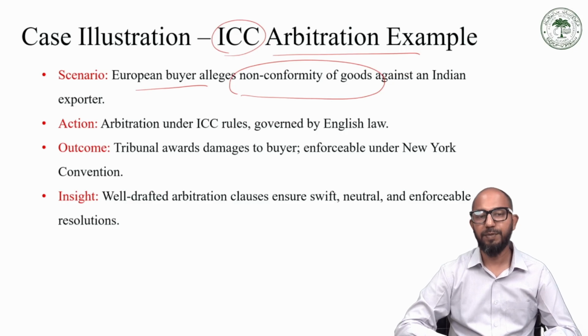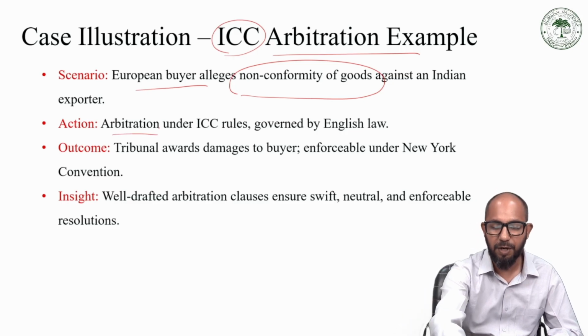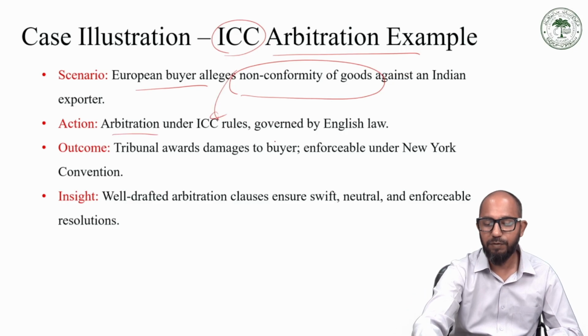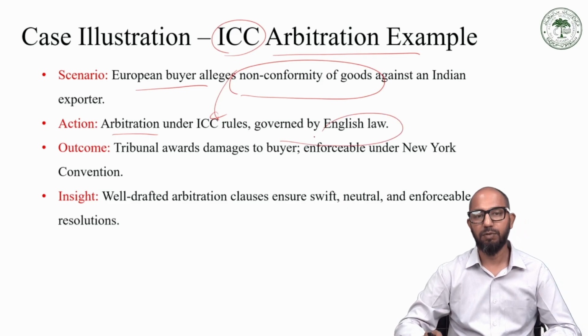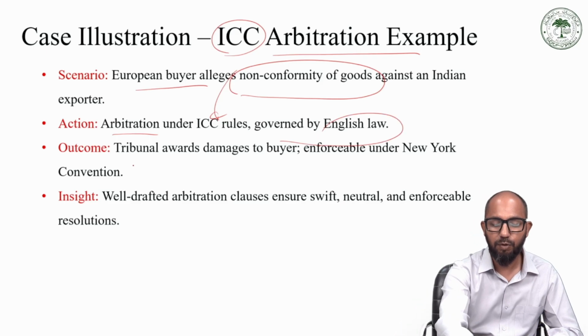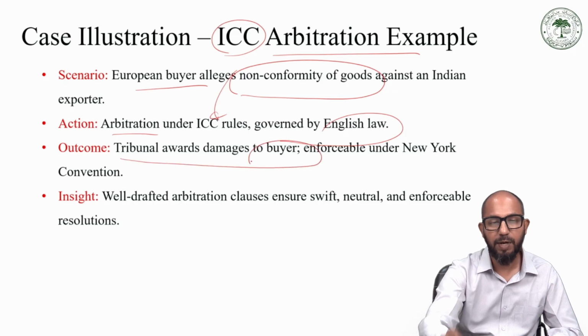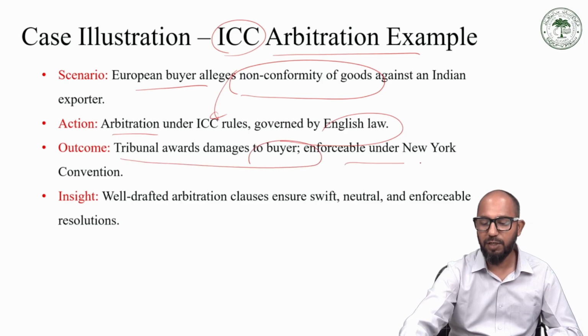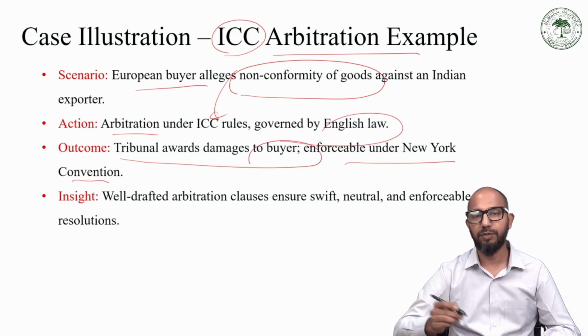What action will be taken? Arbitration will be under the ICC rules, governed by English law. Then what will be the outcome? The tribunal awards damages to the buyer, enforceable under the New York Convention.